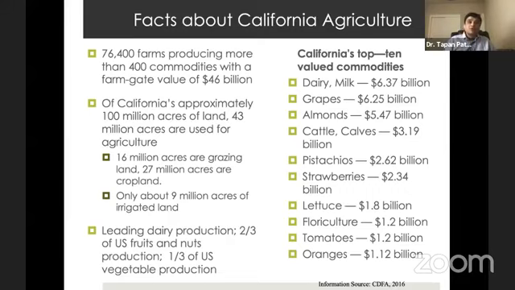So irrigation is a very concentrated effort in California, and that's why you see a lot of water and irrigation related research going on in California.